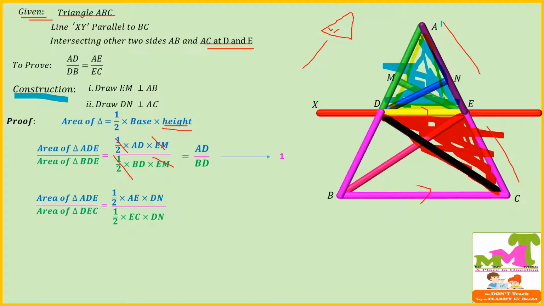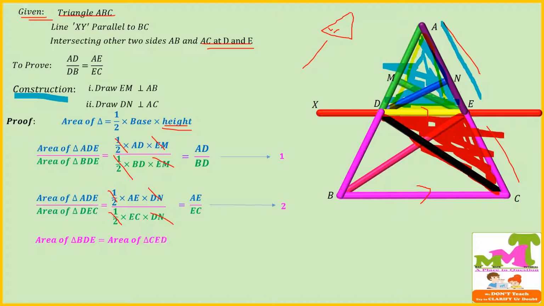Here the base is AE and height is DN. As I told you, both the triangles share the same height because one is obtuse, one is acute, and both have a common side. Here we will cancel half and half. At the same time, DN and DN, what we are left with is AE by EC. I mark it as equation number 2.